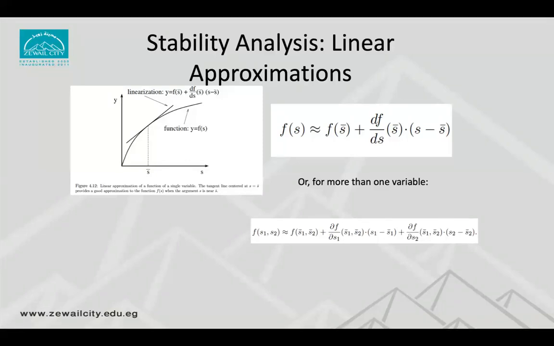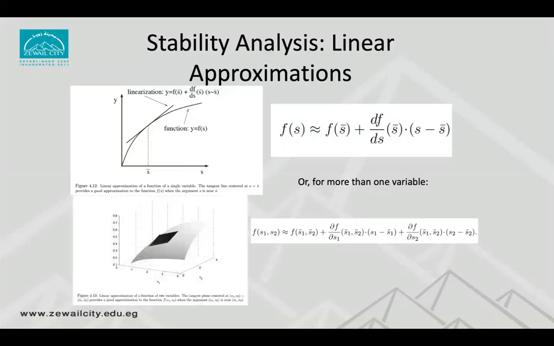Let's say we have multiple variables. That means we need multiple linearized terms with the slopes. We may be looking at two variables and two functions, when we're looking at the tangent plane.